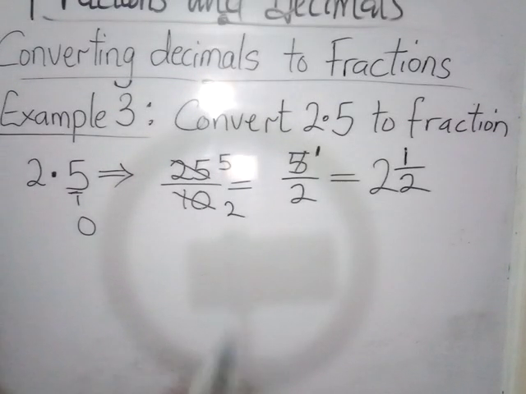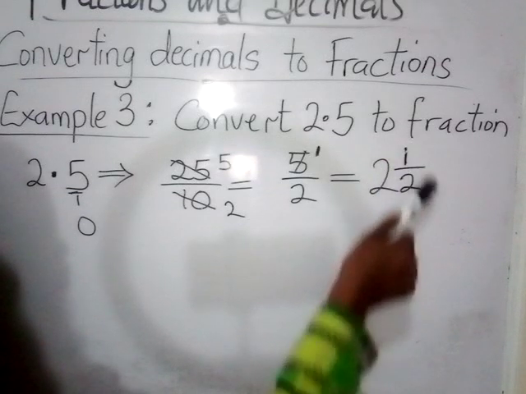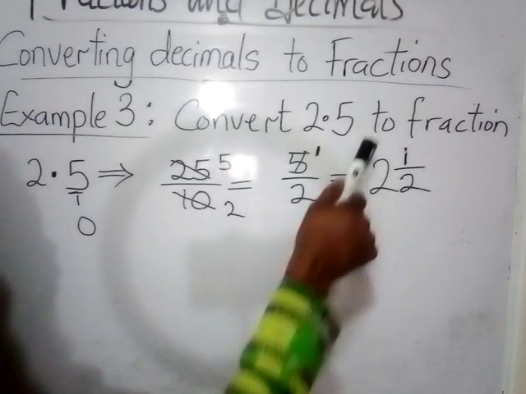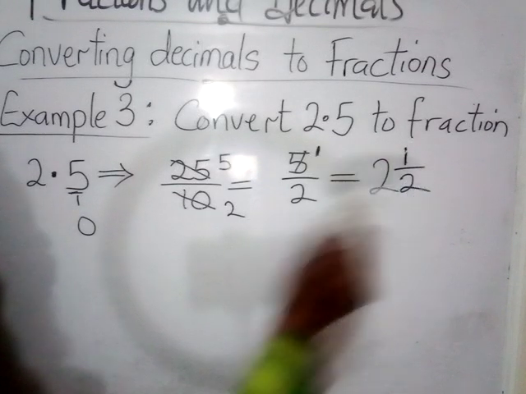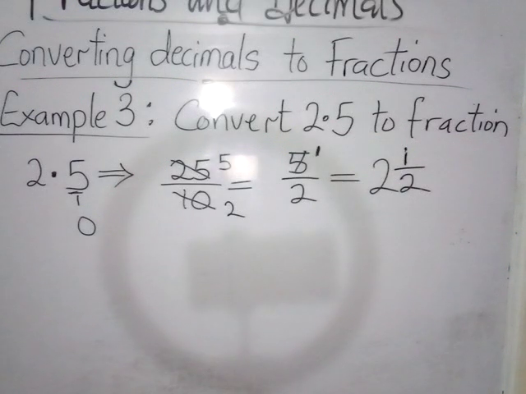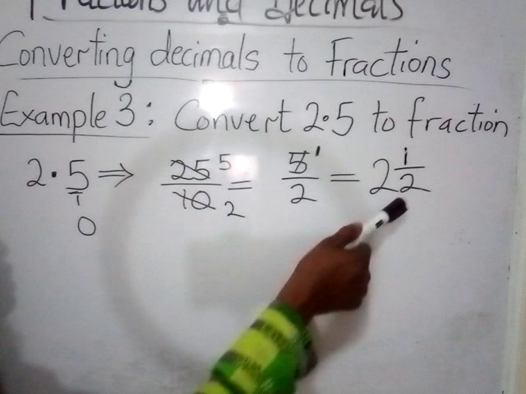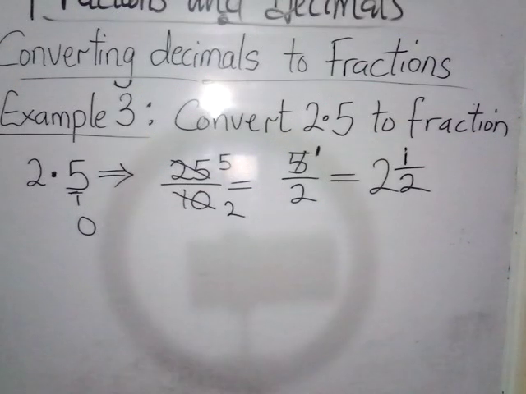So if you look at this number we got, we didn't just get a straight fraction, we got a mixed number. 2 whole number, 1 over 2. That is 2.5. So that means that 2.5, which is a decimal number, is the same thing as 2 and 1 over 2 in fraction. So this is where we're going to call it a day.